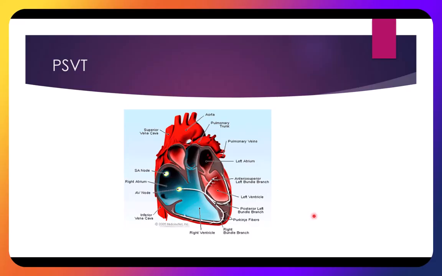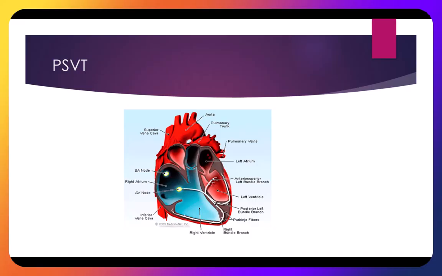Just as a way of review, keep in mind that when the SA node stops and fails to fire, another impulse will take over. Now, we covered that. We talked about wandering atrial pacemaker, multifocal atrial tachycardia, and premature atrial contractions.